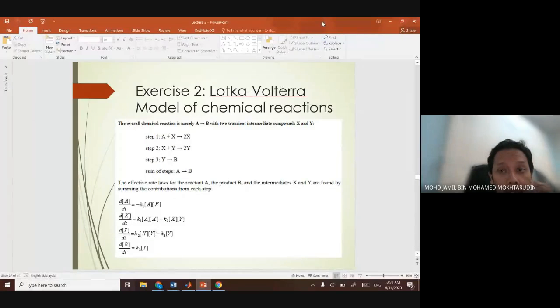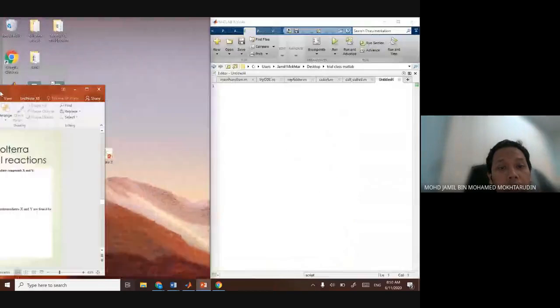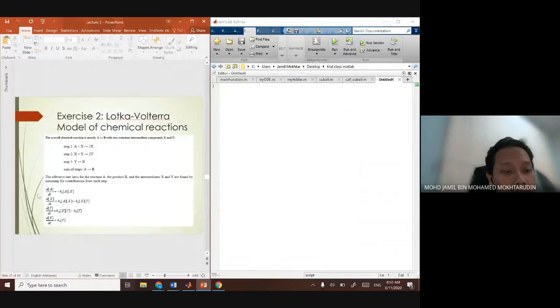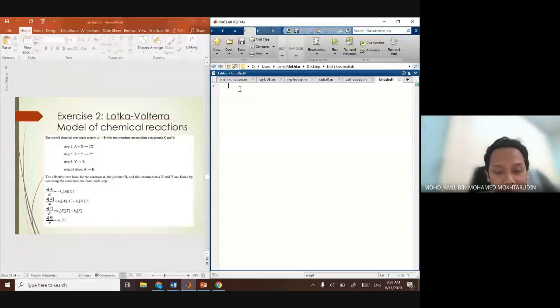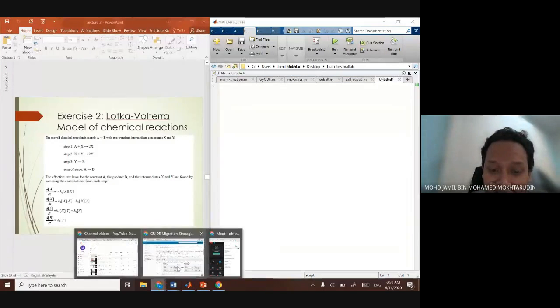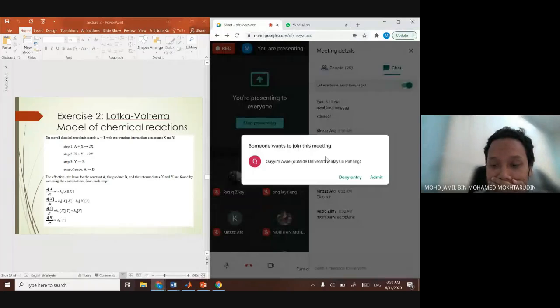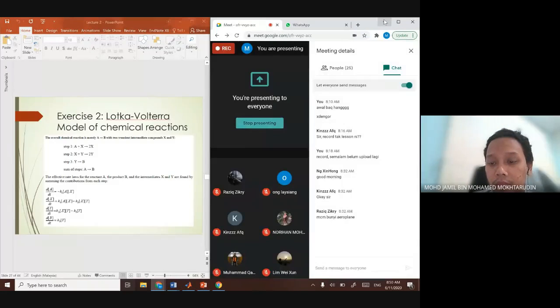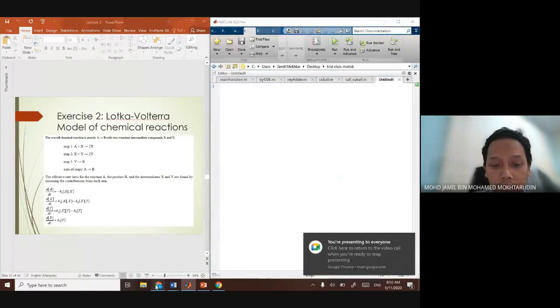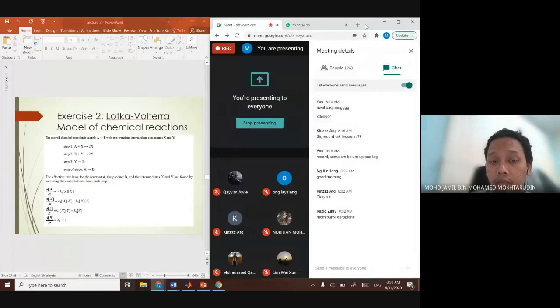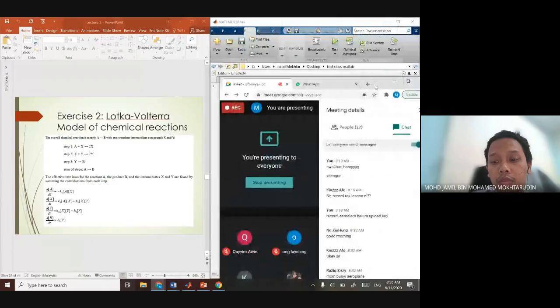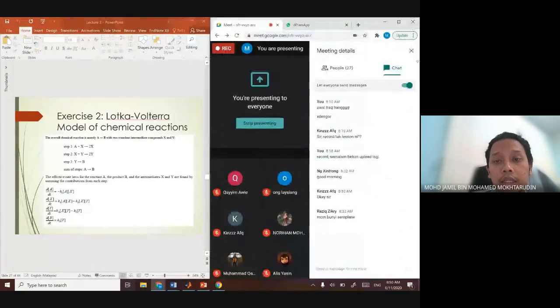So maybe at home we try, I want you to try to write the ODE function for these 4 equations. Can you try? So you can try at home to write the codes for these 4 equations in the ODE function first.